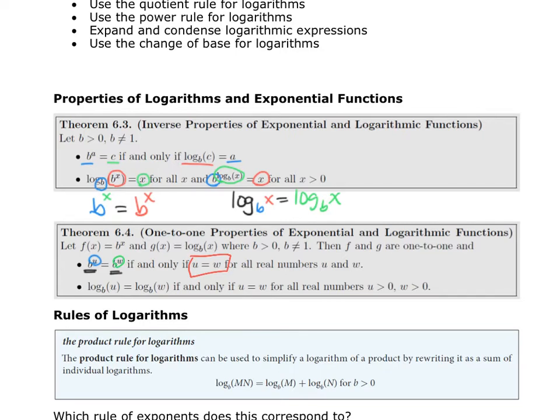What we also get with this theorem is if I have the log base b of u is equal to the log base b of w, then this only happens also when u equals w. Notice, however, there is a restriction on u and w, and that's because of the domain of logs, and the domains of logs have to be larger than 0.